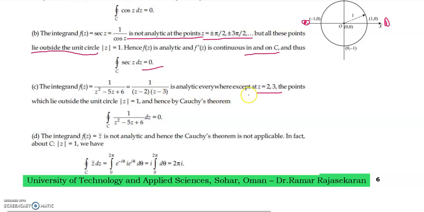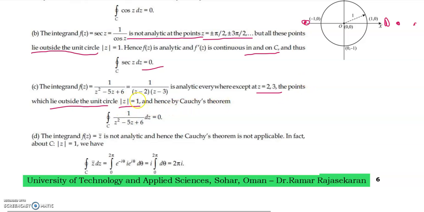But check these points, which lie outside the unit circle. z equal to 2 will be here, and 3 is even farther. So the function is analytic except at these two points. To apply Cauchy's integral theorem, we have to check that on the given simply connected region our function is analytic. Yes, that is sure, because the given condition is mod z equal to 1.